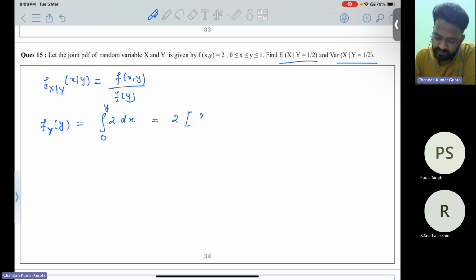This comes out to be 2x from 0 to y, which is equal to 2y, for y belonging to 0 to 1.